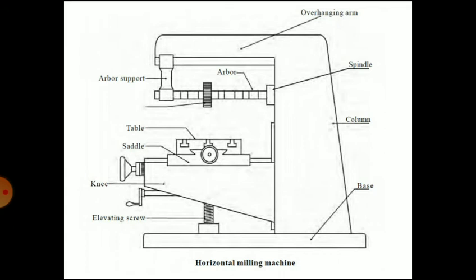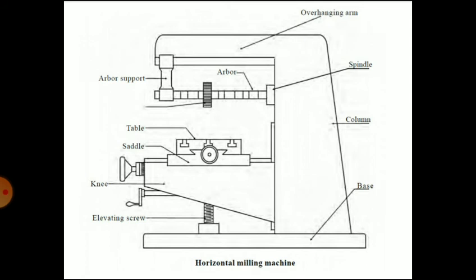The spacing collars are provided on the arbor so as to adjust or fix the cutter at the desired position on the arbor. You can see on the arbor the vertical lines, these are the spacing collars, so that you can fix the cutter at the desired position, or you can adjust the position of the cutter by moving the collars from one place to another.